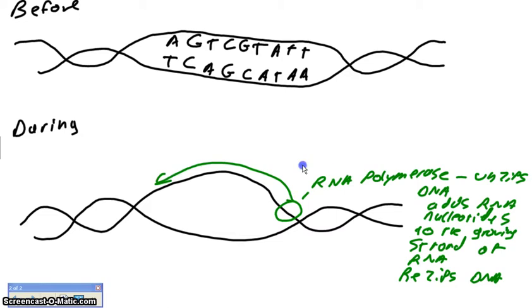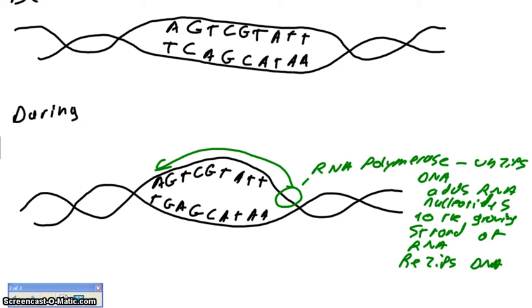Okay, now we need to go back and put in our bases. So A, G, T, C, G, T, A, T, T on this side, and then T, G, A, G, C, A on this side. Alright, let's use blue for RNA. This is where some people can get a little bit messed up. This is where it gets a little bit tricky.